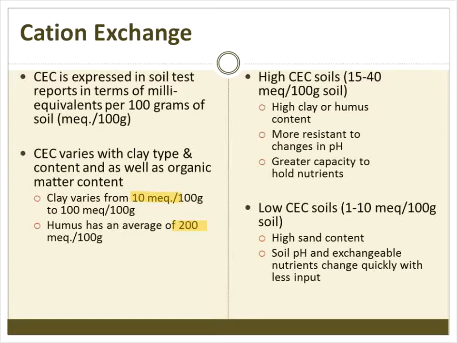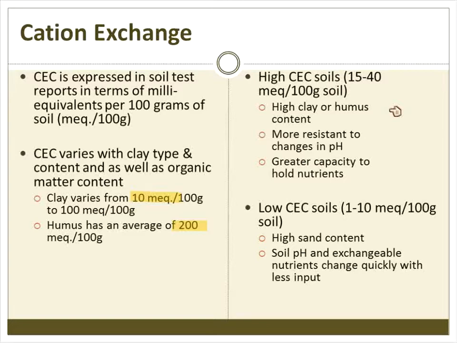So we can think about high cation exchange capacity soils as things that are in this 15 to 40 milliequivalent per 100 grams of soil range versus these things that are low, 1 to 10. When we think about things that are high, what we're thinking about are things with high clay or organic matter content. These are soils that tend to hold a lot of cations.